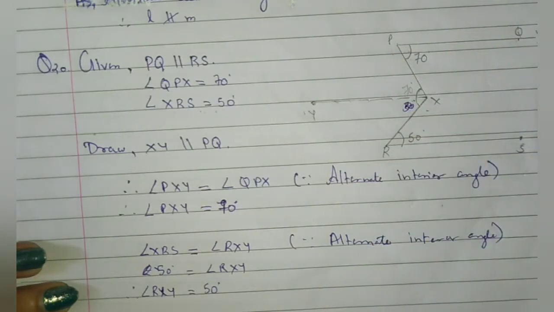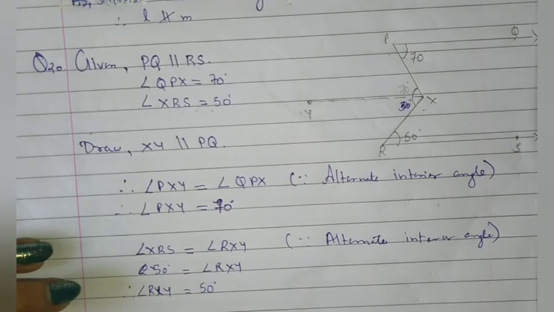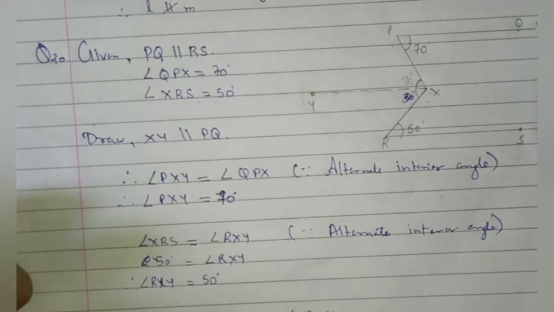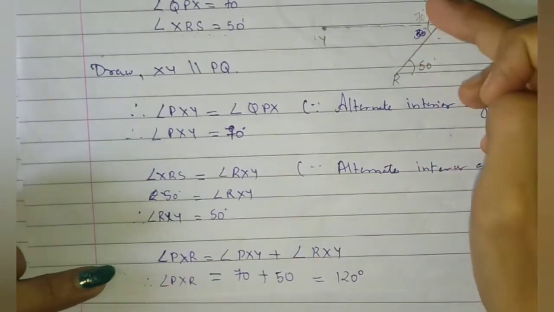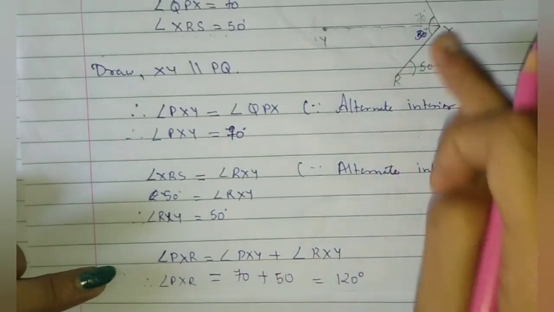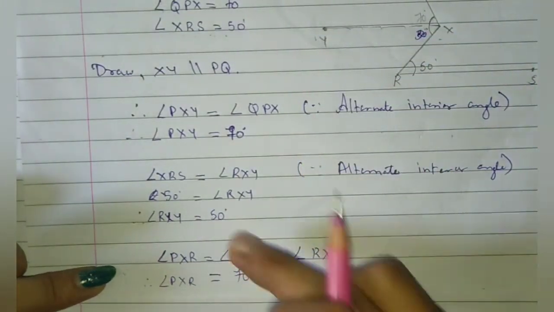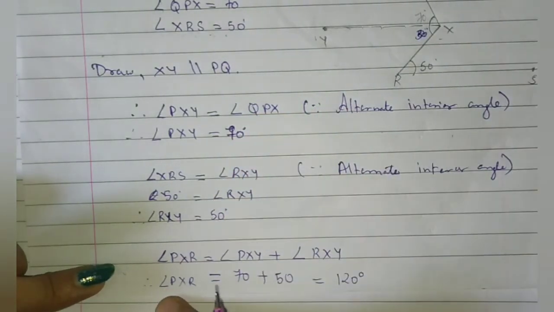So keep the value of this, 70 plus 50, which is equal to 120 degree. Therefore angle PXR is 120 degree, that is the answer. I just added these two angles, PXY plus RXY, and we found this value. So keeping this value, we got the angle PXR equal to 120 degree.